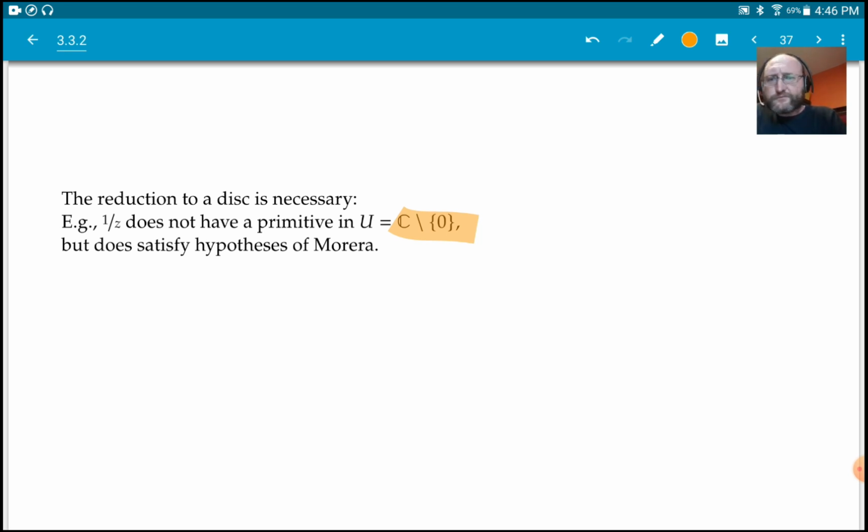But it does satisfy the hypotheses of Morera, right? Because the triangle is never going to go around 0, where if you did that integral, you wouldn't get 0. But if the triangle is completely contained in the punctured plane, so the triangle does not include 0, then when you integrate, yeah, you do get 0.